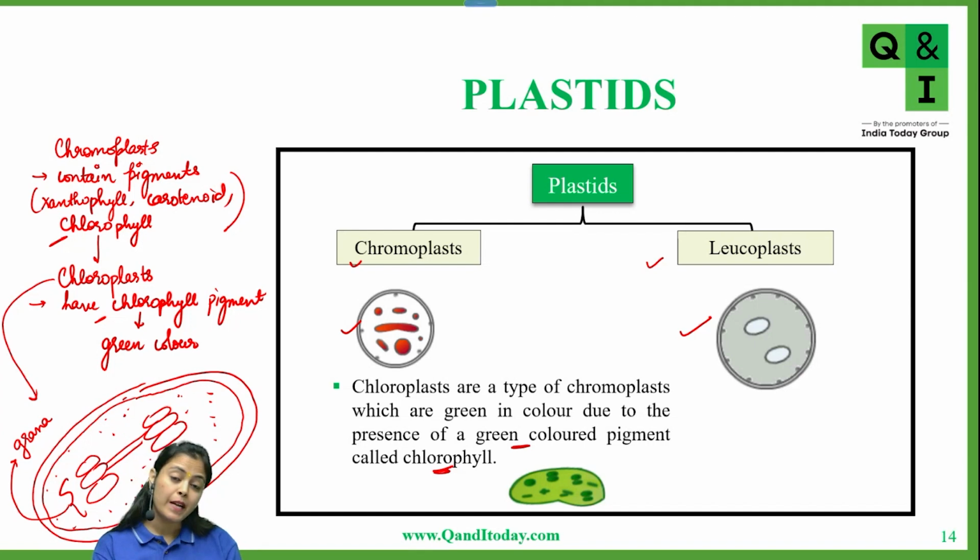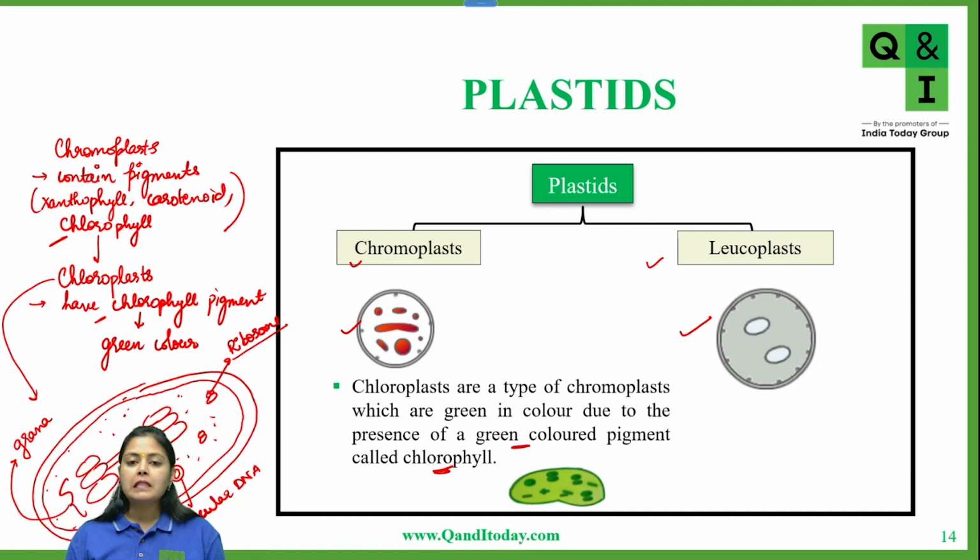Now, just like mitochondria, this chloroplast has its own double-stranded circular DNA, and it also has its own ribosomes present.